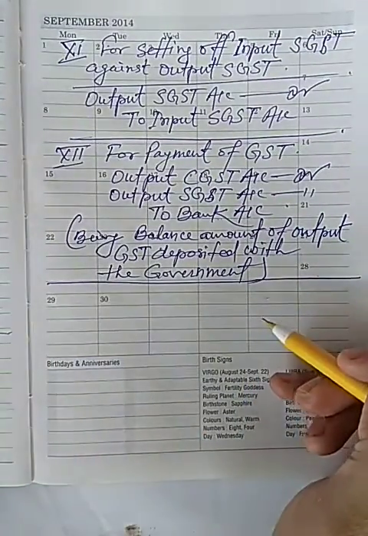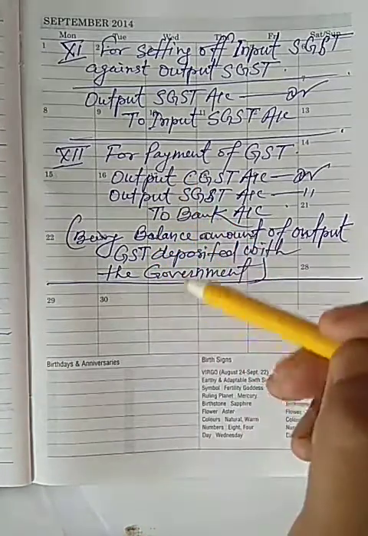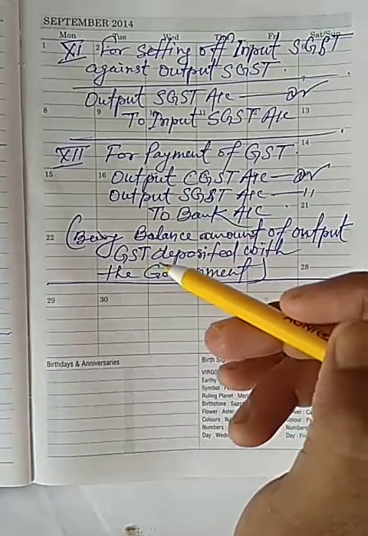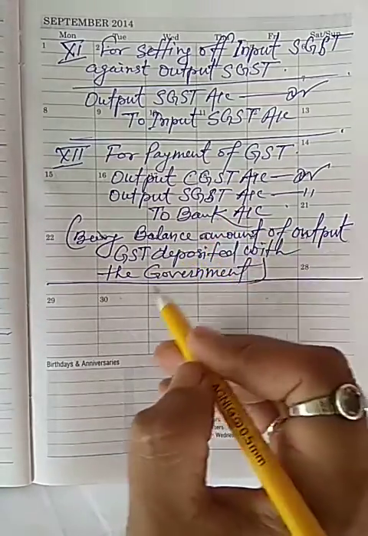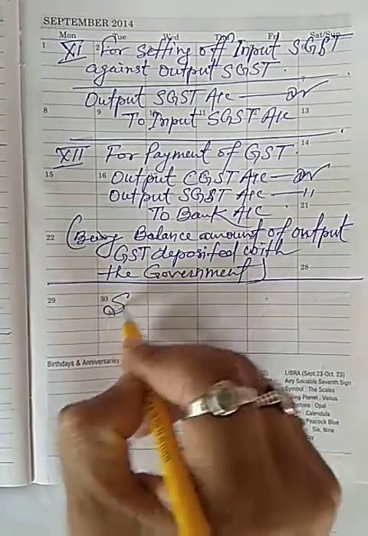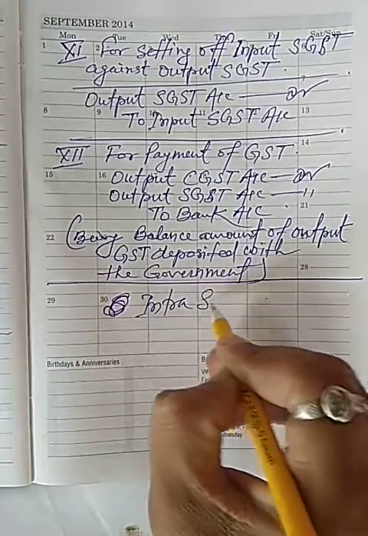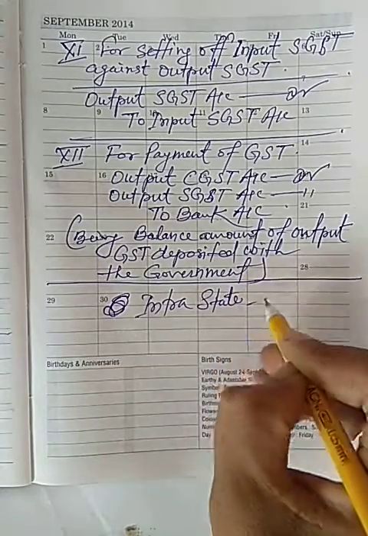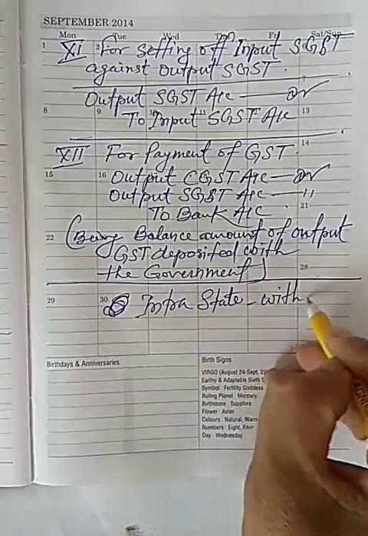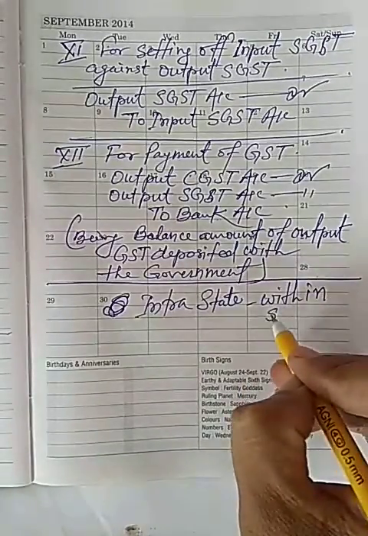So student, these are the journal entries for intra-state transactions. Intra-state means within a state.